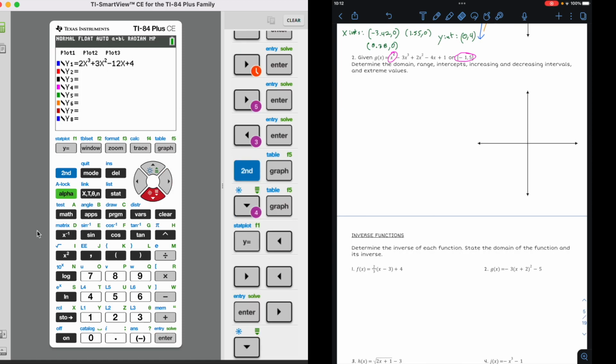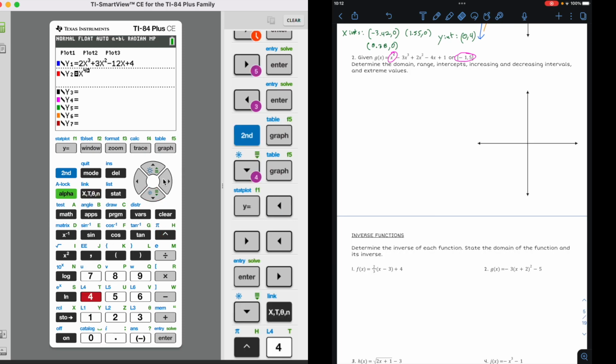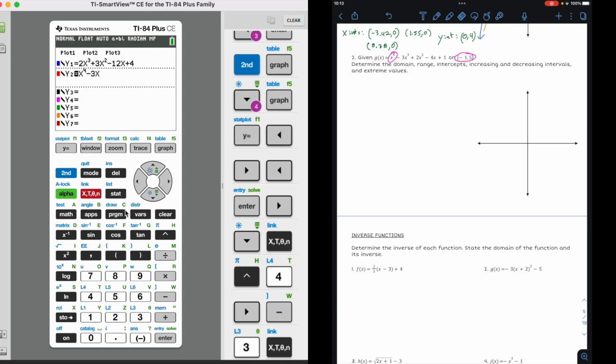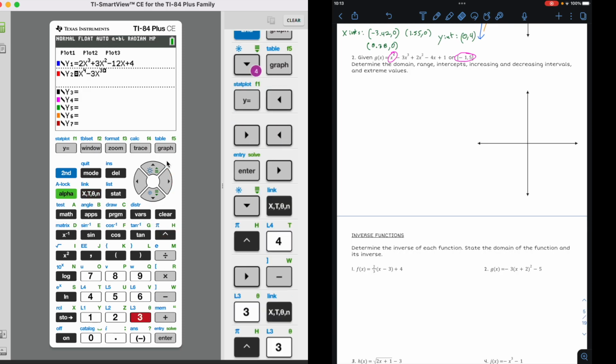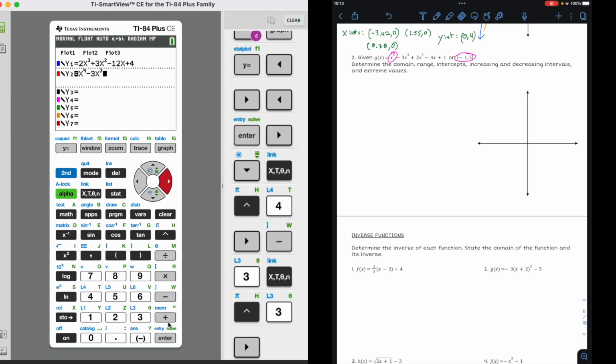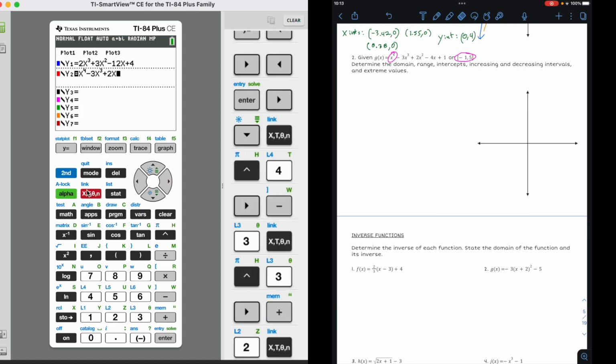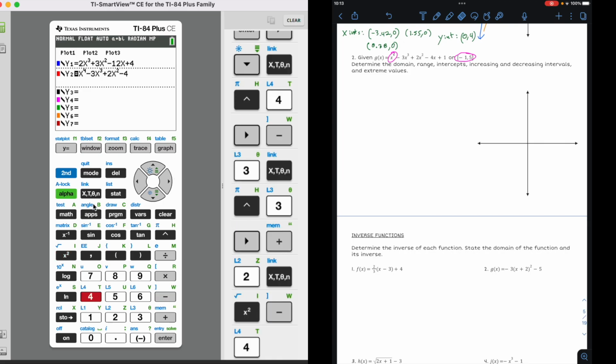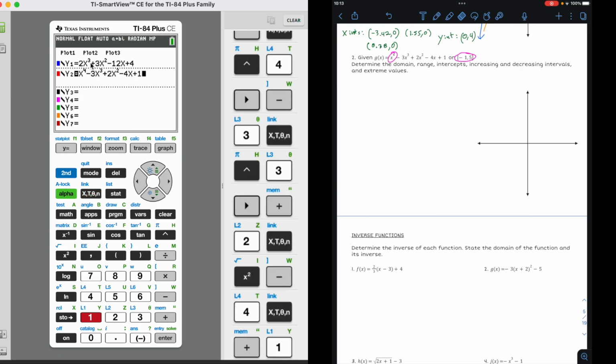So I can put x to the power of 4 minus 3x to the power of 3 plus 2x squared minus 4x plus 1. Okay, so now I've got two functions, and if I change my mind and need to go back to the other one, it's still there. I would just need to go back to the equal sign and turn it on.